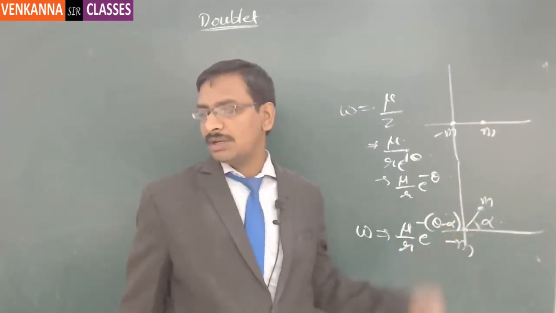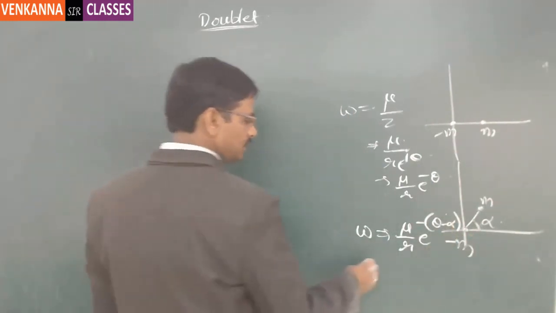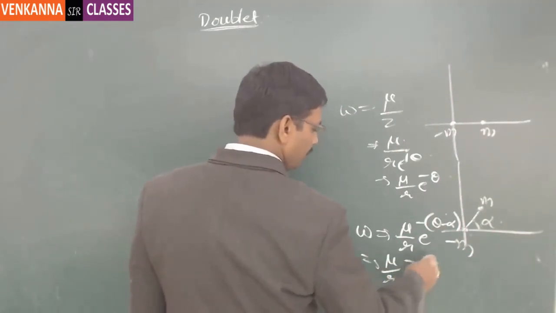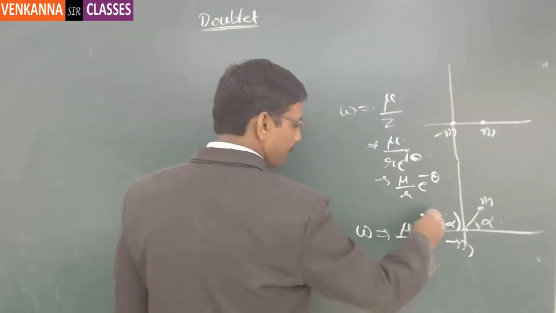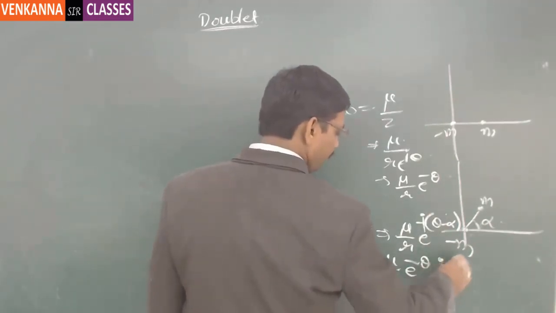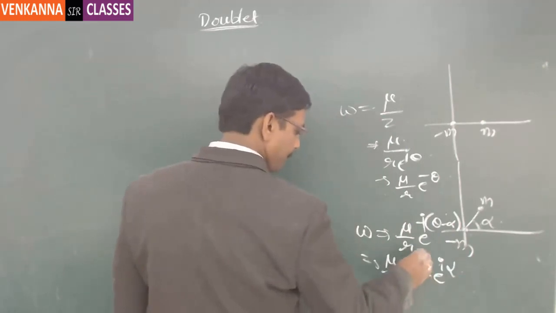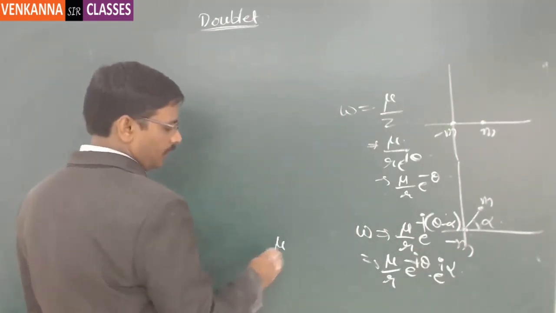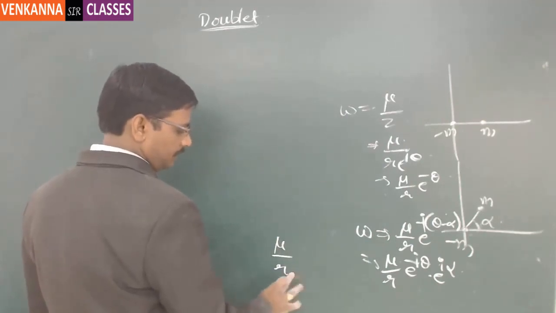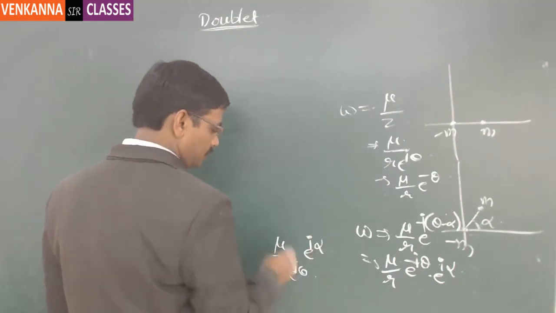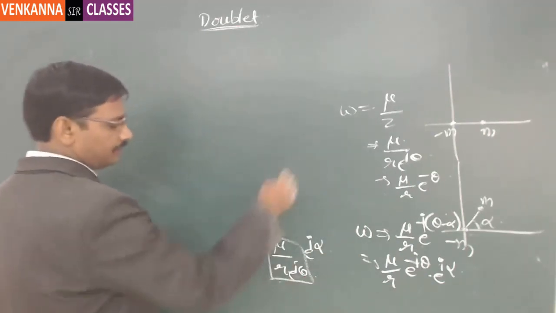So this is theta minus alpha. That means w is equal to mu by r into e power minus i theta, then into e power i alpha. And this can be further written as mu by r e power minus i theta, e power i alpha.